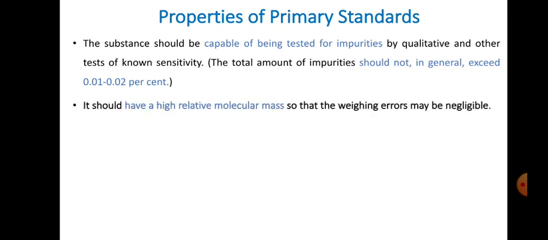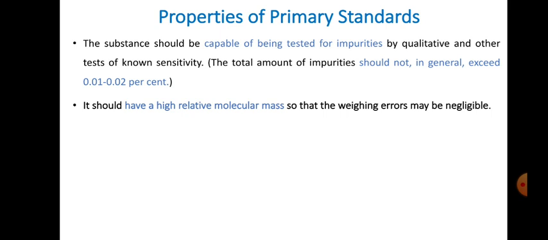Another condition is it should have a high relative molecular mass so that the weighing errors may be negligible, right? For example, if you have a substance whose molecular weight is less than 50, then it is very difficult to prepare its molar concentration or normal concentration. Okay, if I want to prepare 0.01 molar or 0.01 normal for substances whose molecular weight is too low, then weighing errors are bound to happen.